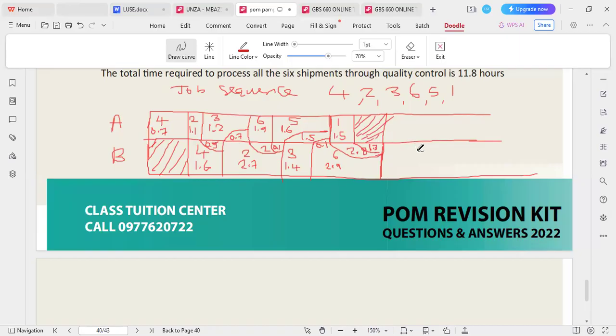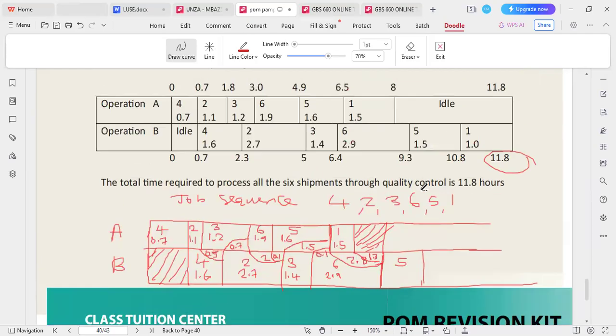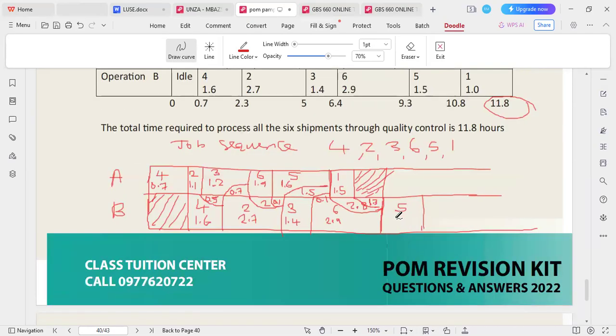So they can now finish running job 5 in operation B, which is taking 1.5 hours. Then after that, they can work on job 1 so that job 1 can be fully completed. Job 1 is taking 1.0. So all this is idle time for operation A.